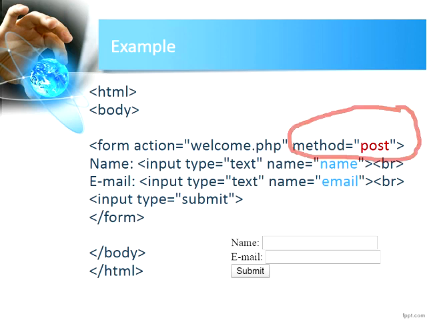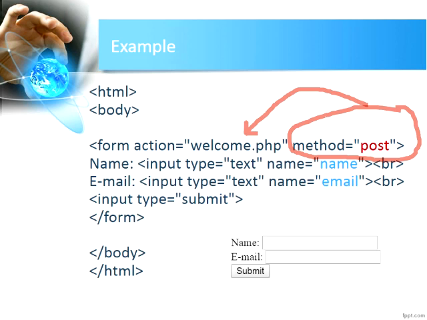If we have a form and we will send this form to welcome.php, if we have method equal post, we will use $_POST. If we have method equal get, we will use $_GET.